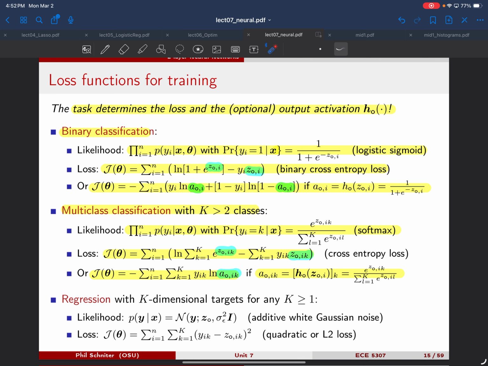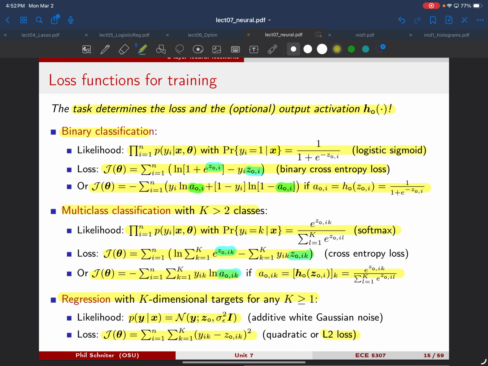All right, and so the other application we've talked about a lot is regression. And so we'll just assume you have k different targets. So our likelihood that we focused on before was this additive white Gaussian noise likelihood. And we derived that the corresponding negative log likelihood loss was L2.